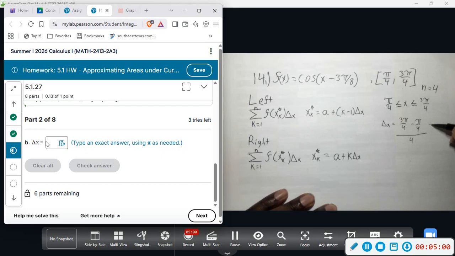So this will give me 2 pi over 4. You do keep, change, flip, and so you'll get pi over 2, pi half times 1 over 4. So we just get pi over 8. So our sections are going to be pi over 8.